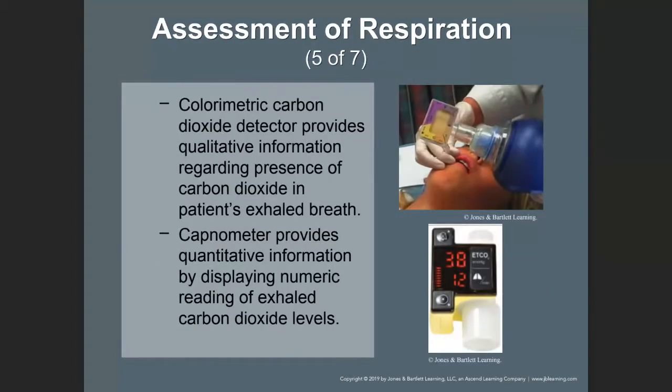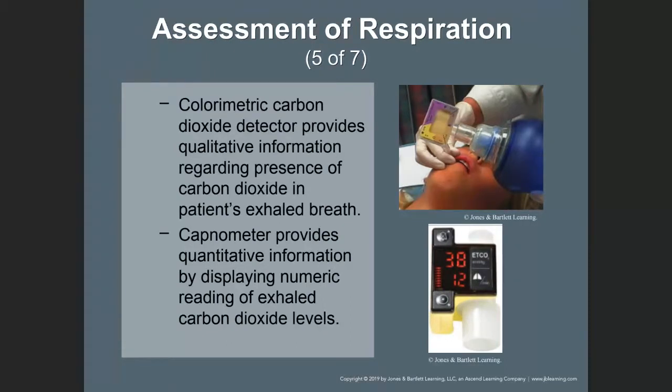Now, colorimetric carbon dioxide detectors provide qualitative information regarding the presence of carbon dioxide in the patient's exhaled breath. So it's based on color changes. Capnometry provides quantitative information because it displays a numeric reading of exhaled carbon dioxide levels.